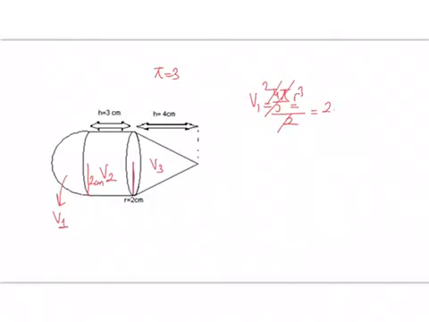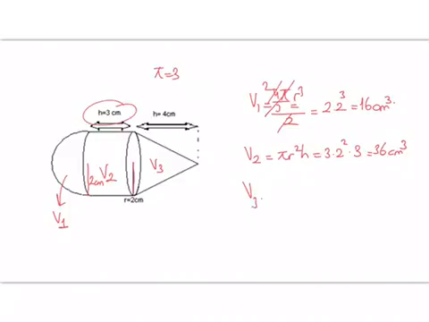So 2 times 2 cubed, which is equal to 16 centimeter cubed. Now the volume of the cylinder is equal to, from the formula, pi r squared h, 3 times 2 squared times the height, you see here 3. So I have 36 centimeter cubed.